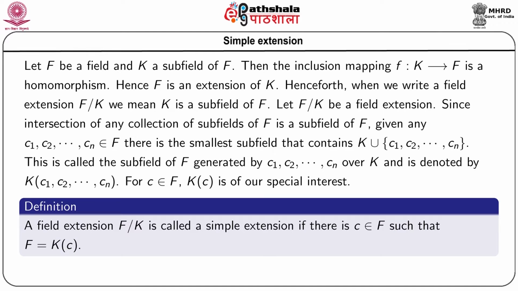This particular unique subfield of F is said to be generated by c1, c2, ..., cn over K and is denoted by this symbol K(c1, c2, ..., cn). In particular, if n is equal to 1, then we get K(c), which is of our special interest. We define an extension F by K to be a simple extension if there is some c in F such that F equals K(c).